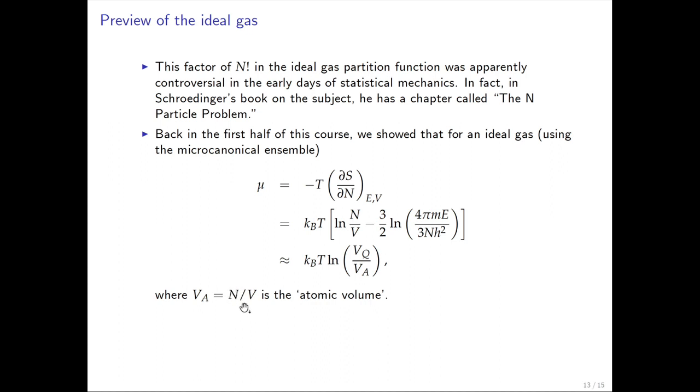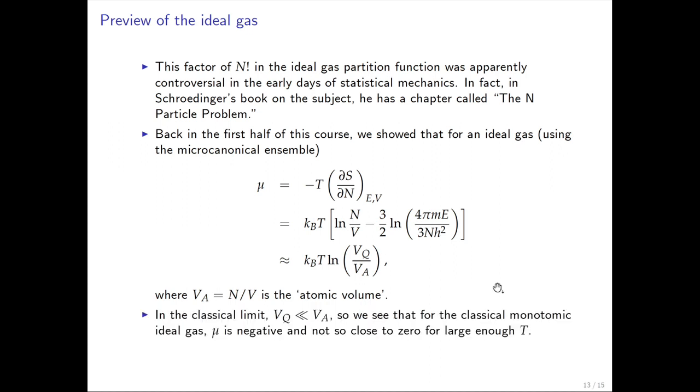I got this turned around backwards, I'll have to correct that. It should be V over N, the volume per particle. Anyway, we found that using essentially the microcanonical ensemble and this thermodynamic relation.